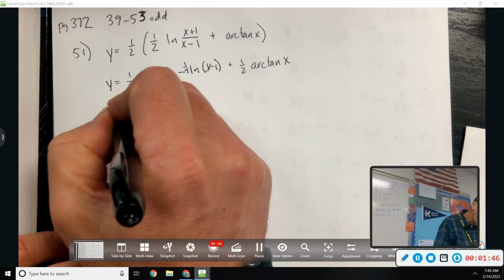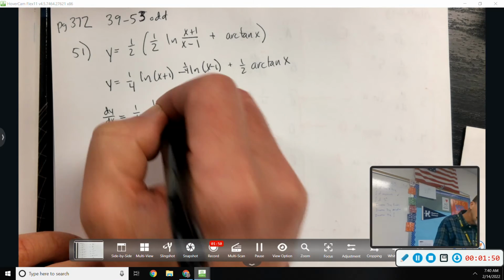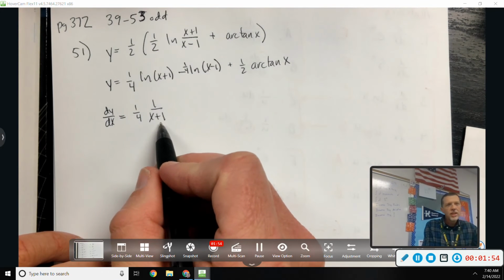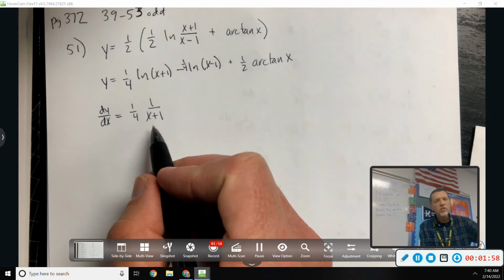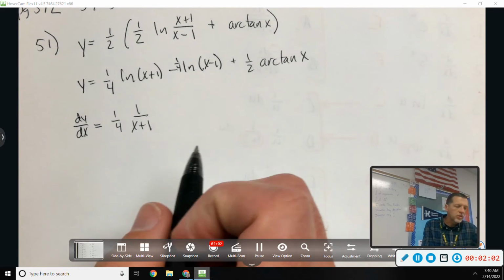So y prime or dy/dx would be 1/4 times 1 over x plus 1 times the derivative of x plus 1, which would just be 1. So chain rule, sort of, right? Chain rule always, but in this case the chain rule is just 1.